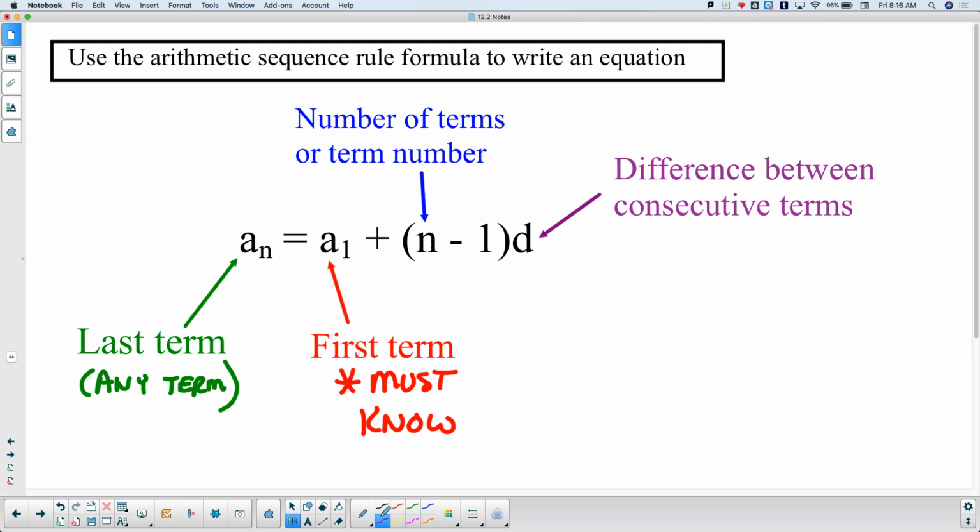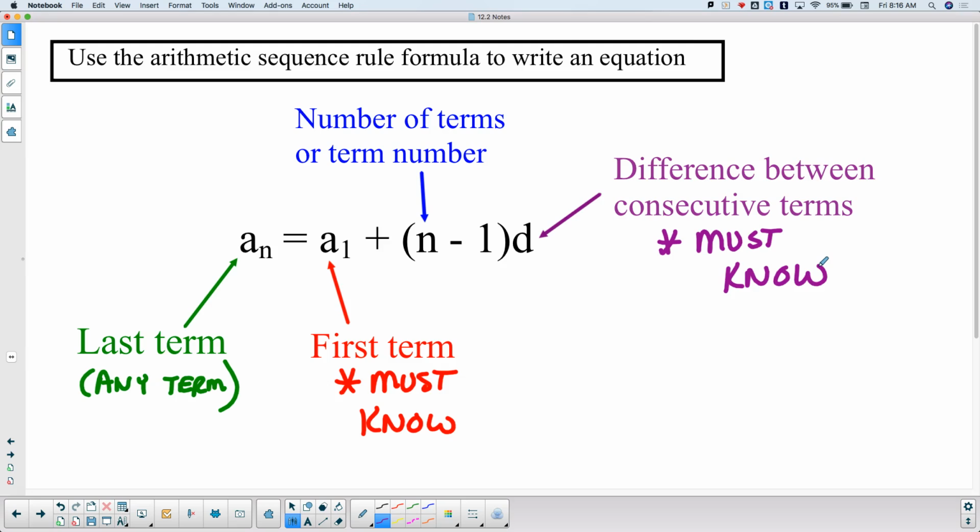With that being said, you must know the common difference between two consecutive terms. The number of terms, or the term number, that's going to be given to you.